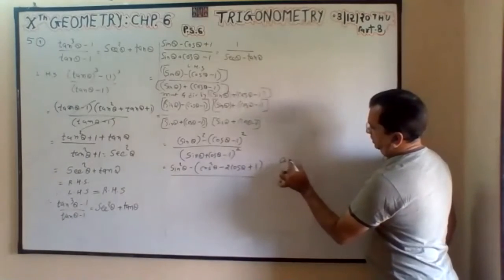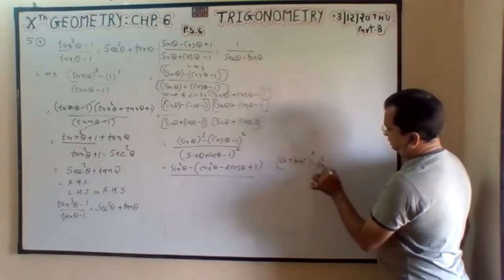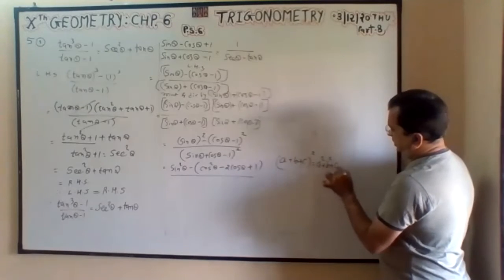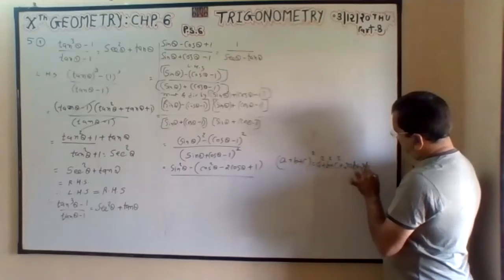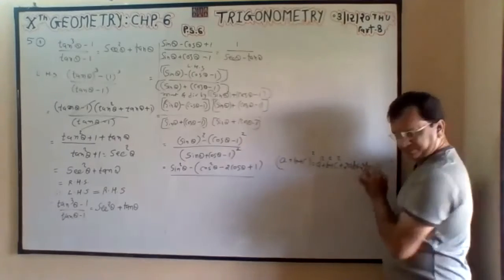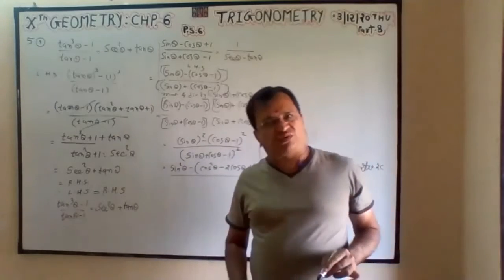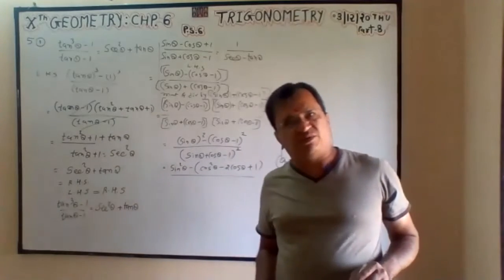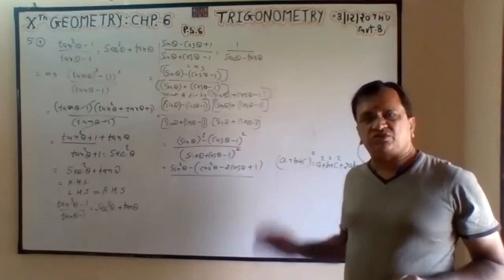Just a plus b plus c square is equal to a square plus b square plus c square plus 2ab plus 2bc plus 2ca.